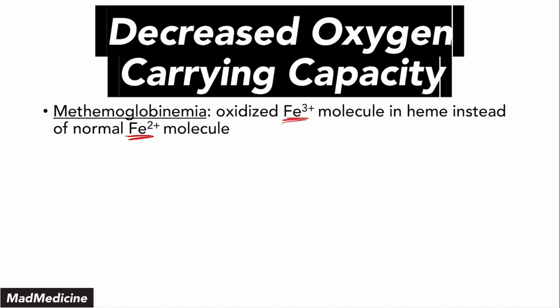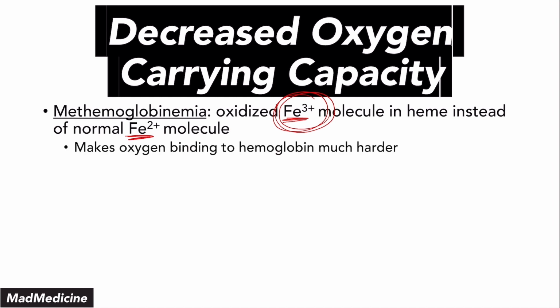But when it becomes oxidized because of exposure to oxidative stress, it can become Fe3+, and this is very dangerous. Essentially, this makes oxygen binding to the hemoglobin much harder. It requires more oxygen to bind at the same level.